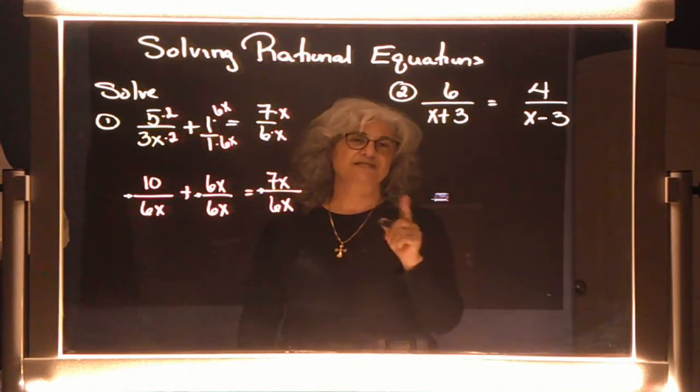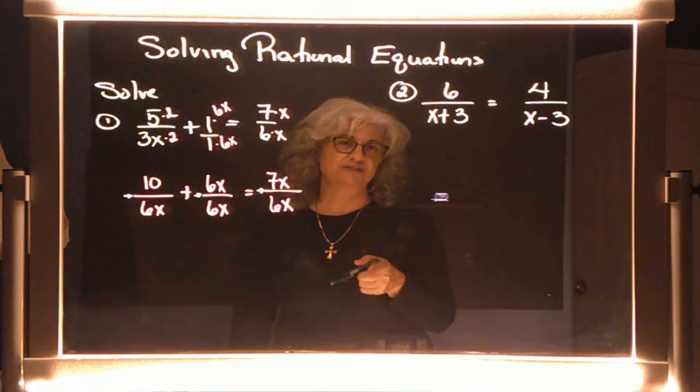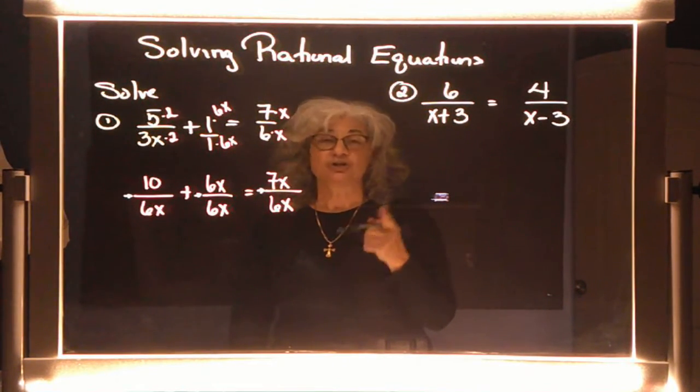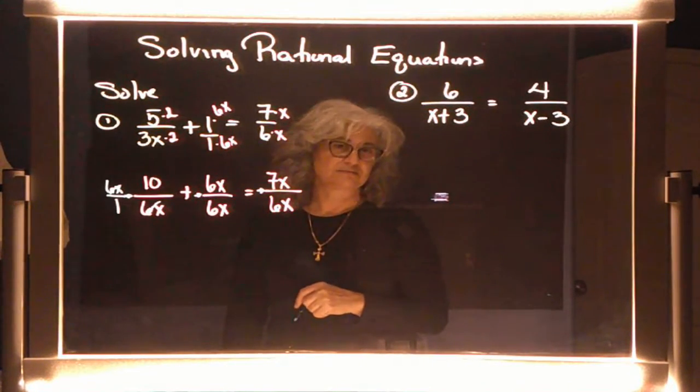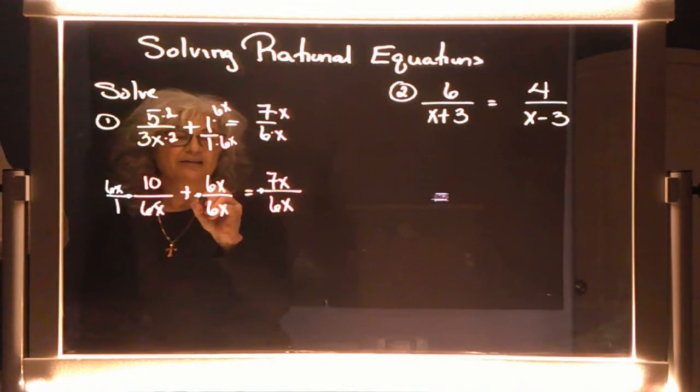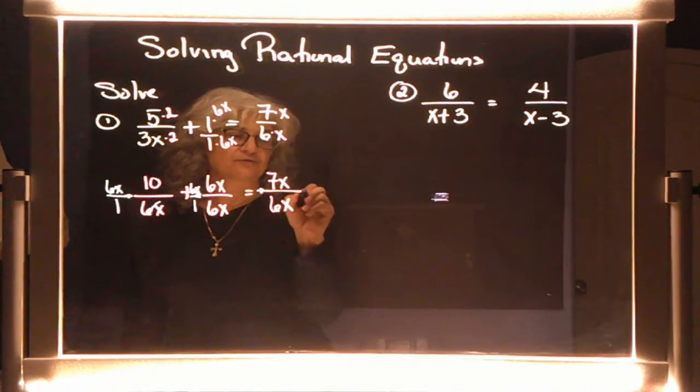Yeah, each of those is division. So to break a division, what do we have to do? Good, we have to multiply. So if I take this first fraction and multiply it by 6x over 1, wouldn't these guys cancel out? Yeah, they would. So I think I'll multiply each of these fractions by 6x over 1.